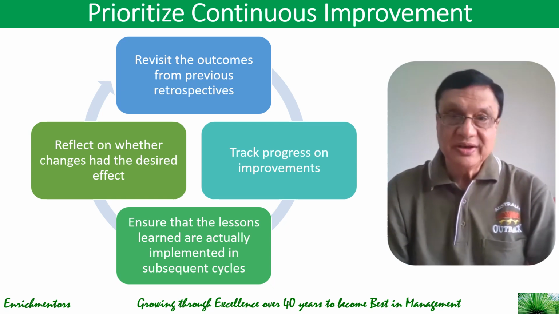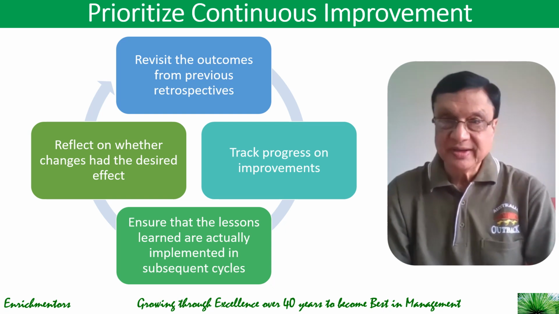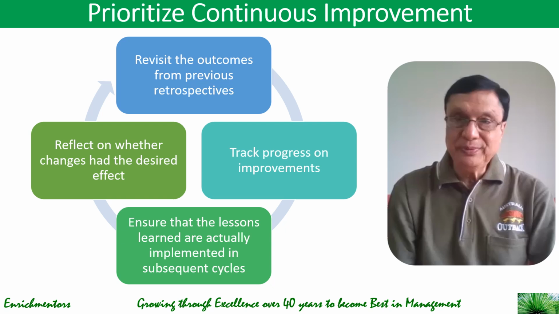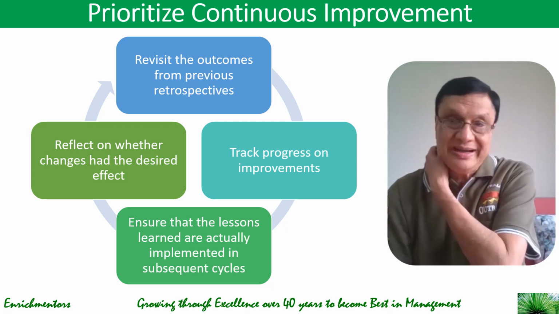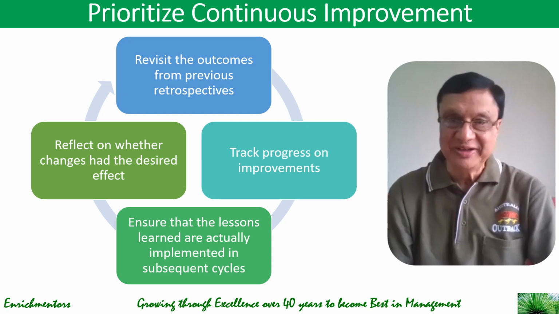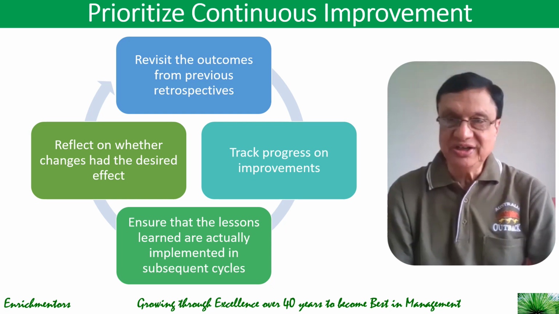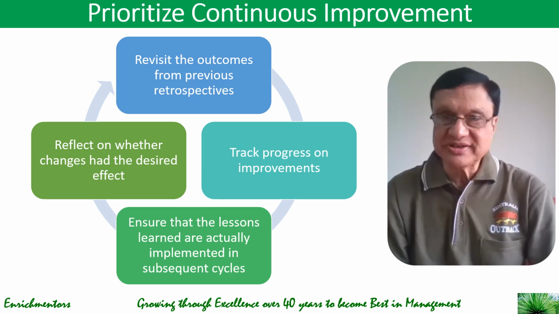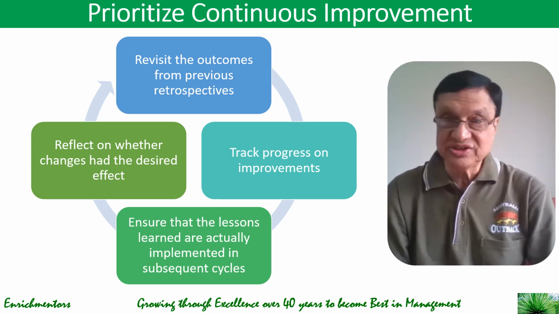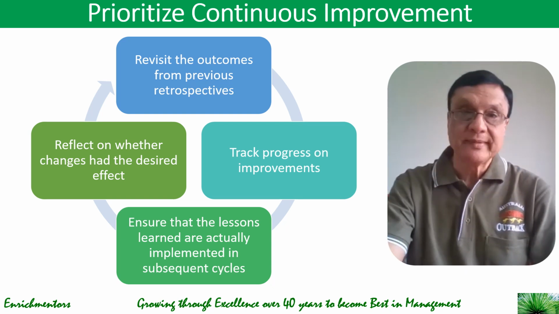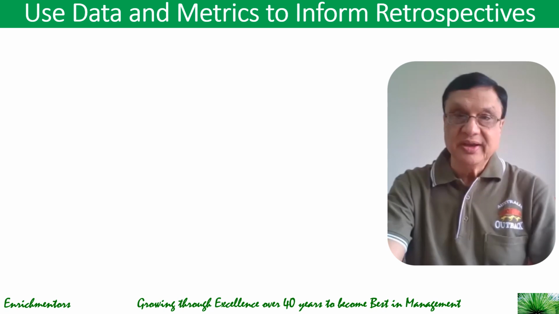So reflect, learn, do, and reflect again would be the cycle. As an example, in your next retrospective, you could revisit the previous session's action items and discuss: did the changes to the interview process lead to faster hiring times? If the answer is yes, scale the change. If not, iterate again. That's how you prioritize continuous improvement.